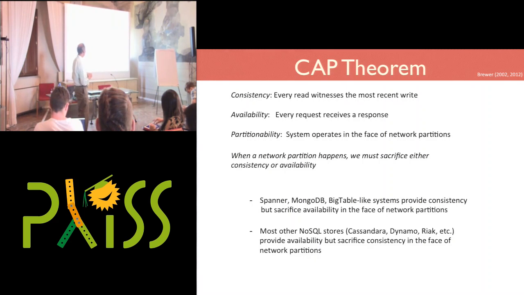The story today is that people, in fact, sacrifice consistency. There are lots of major services that run Cassandra or Dynamo or Riak, and they don't have the kind of consistency that Google offers by default. So the question really is, in my mind, a language design question. You can get by most of the time without having to pay for consistency.